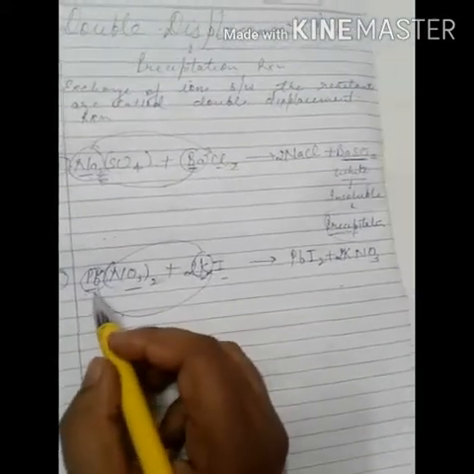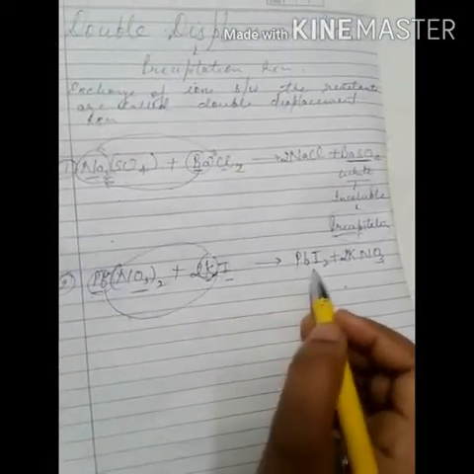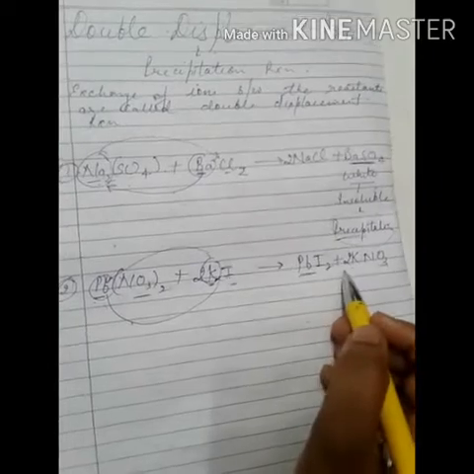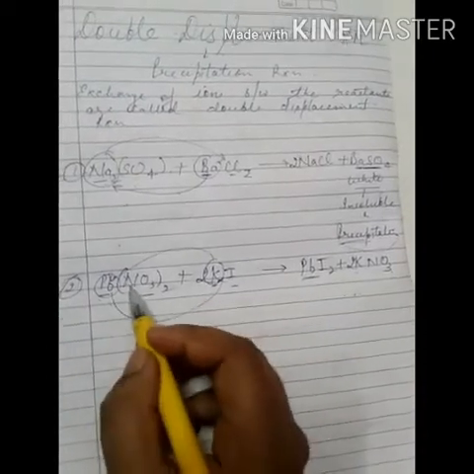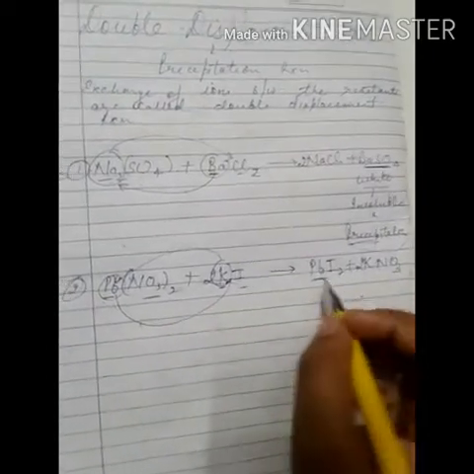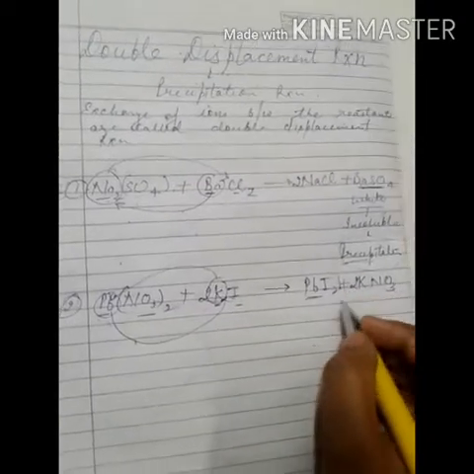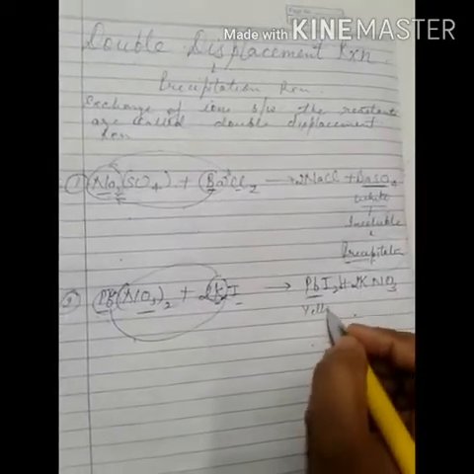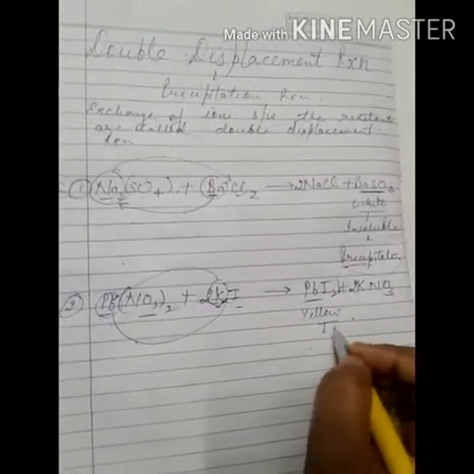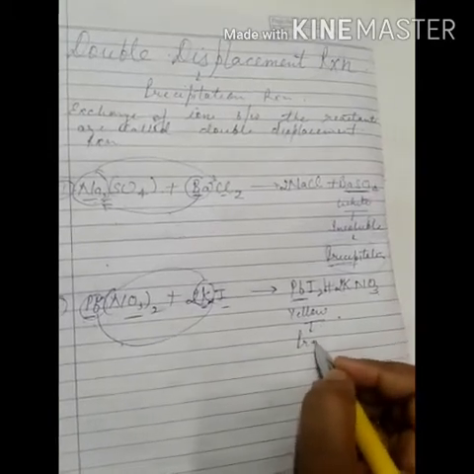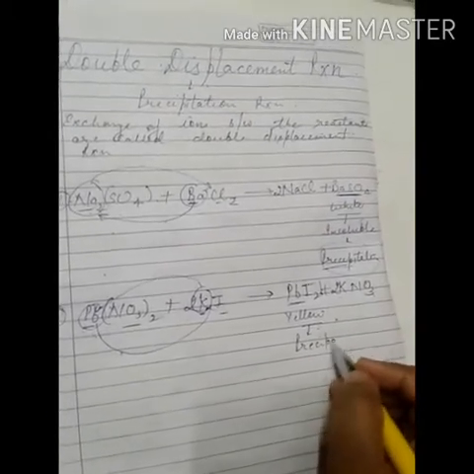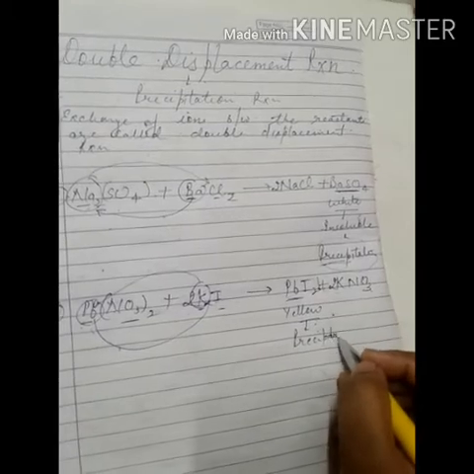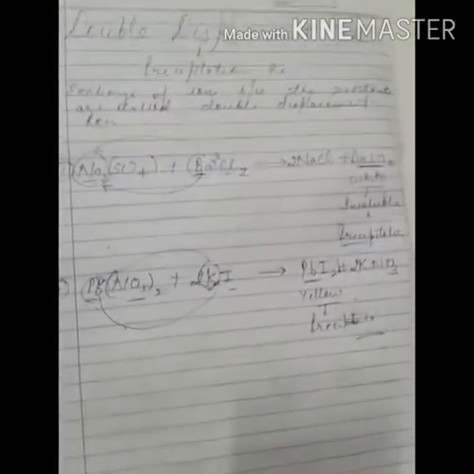So let us see its product: lead and iodine form lead iodide, and potassium combines with nitrate to form potassium nitrate. This lead iodide formed is yellow in color, and it is a precipitate, meaning it is insoluble in the solution.